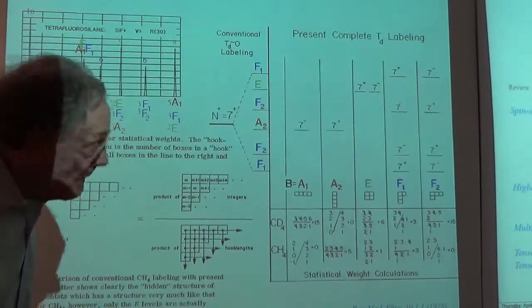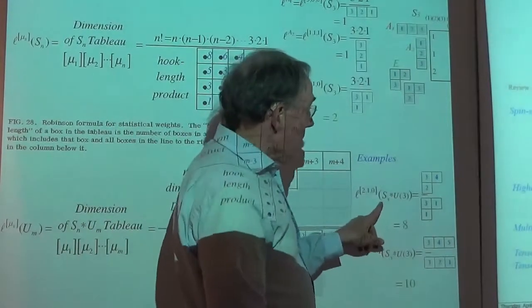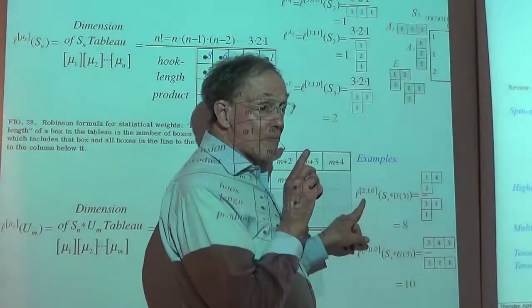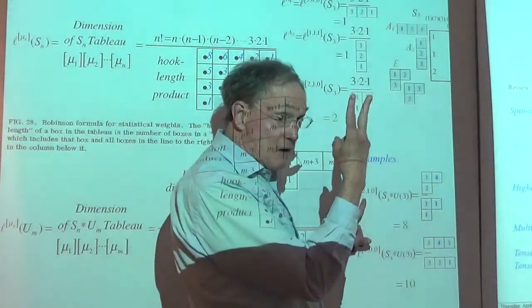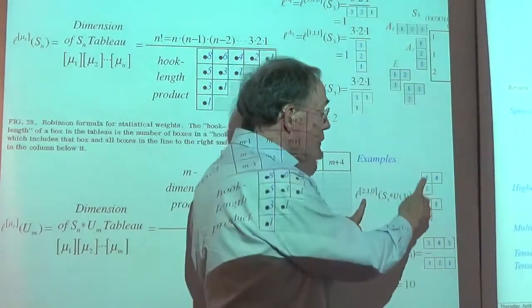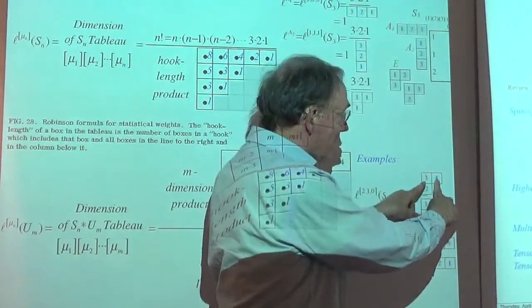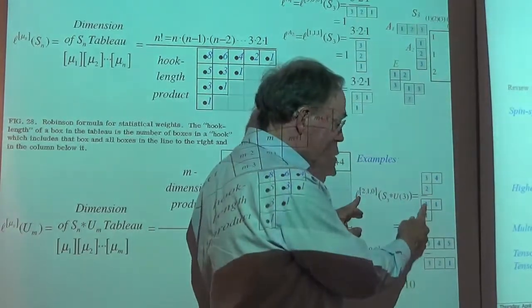Now before I go there, let's take a simpler case of this one. What would be the dimension if it was spin a half? If it was spin a half, that's 2 states. That's U2, right? So I put 2 here and 3 here, and 1 here. So it's 2 and 3 over 3.